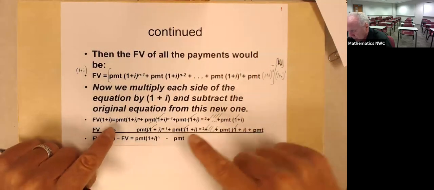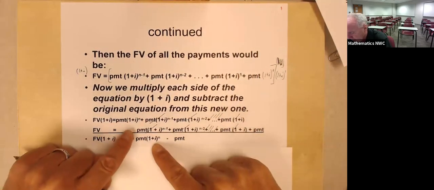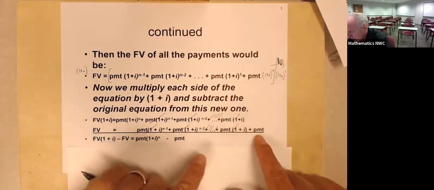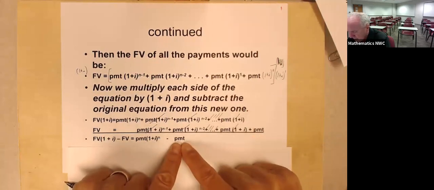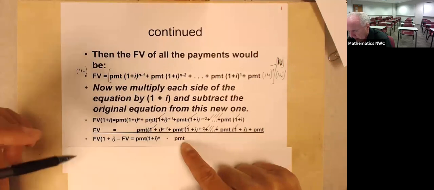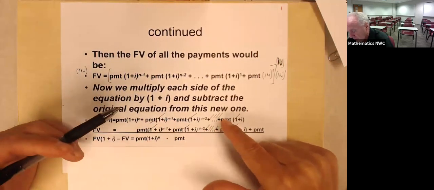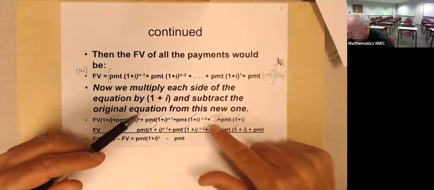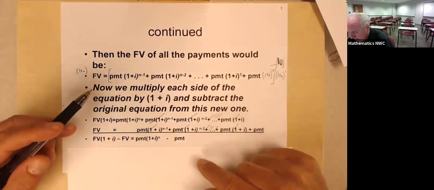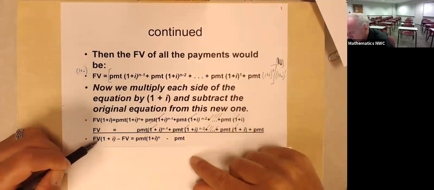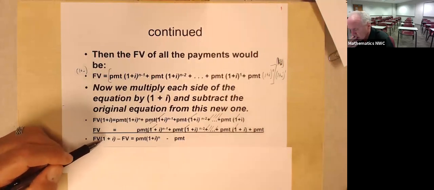And I would have been left with this first term right here, minus payment, which is at the end. Keep in mind now, I got rid of all of those terms in the middle. There might have been 3, but there might have been 300. They all subtracted out. Now my goal next is to solve for the future value.